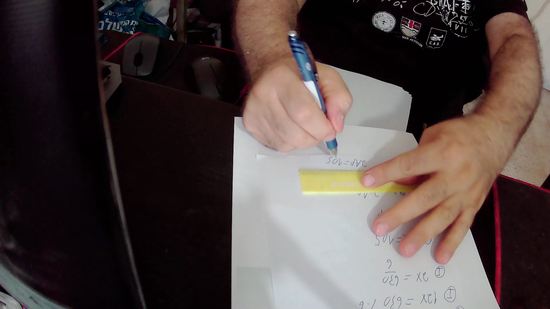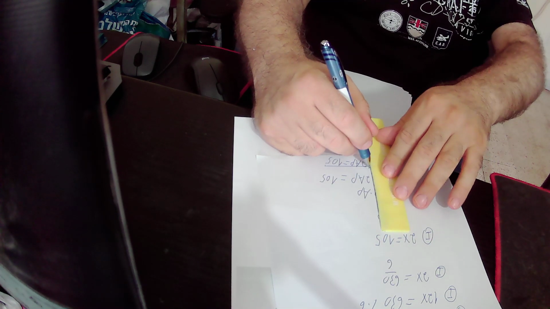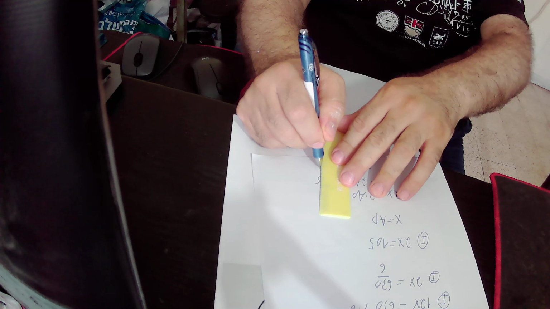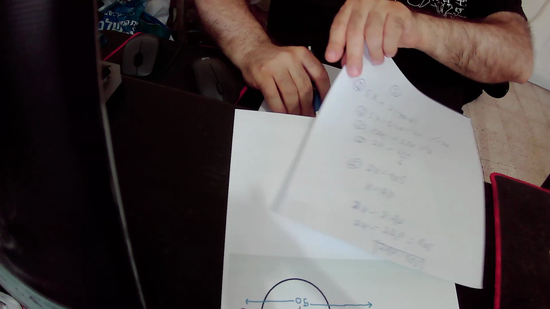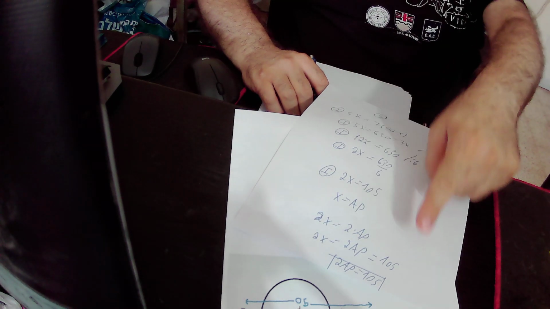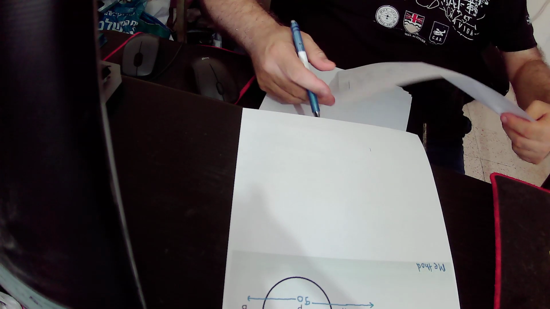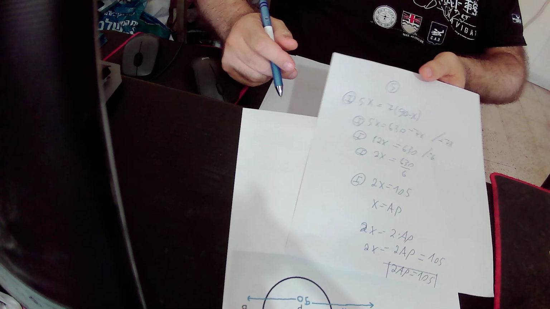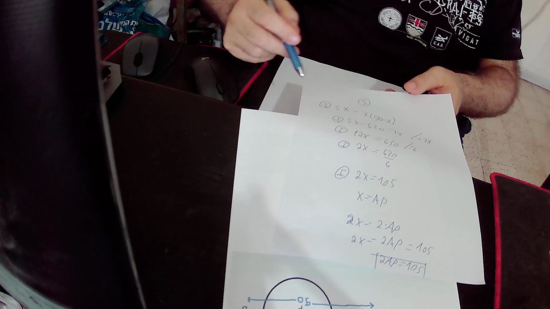So that's exactly what we were looking for. We got the answer that 2 times AP equals 105. Okay, so again, 2 times AP equals 105.